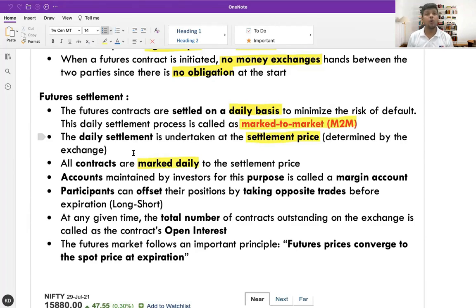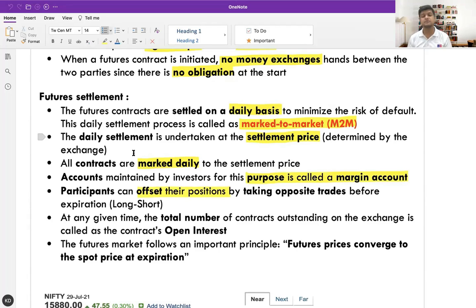To check whether your account is running low on balance, whether your account has enough money to afford the losses or not. Clear? So this amount of your gains or losses is compared with the money that you have deposited, which is what we call the margin amount. So the accounts maintained by investors for this purpose are called margin accounts. Participants can offset their position.